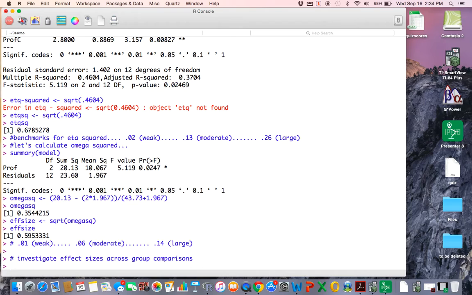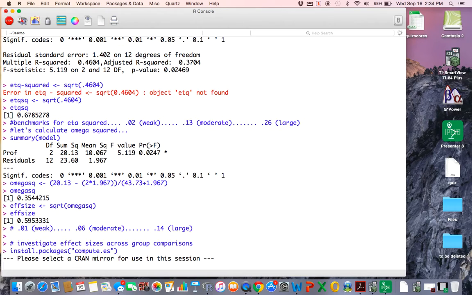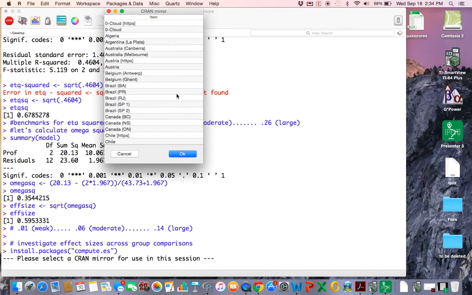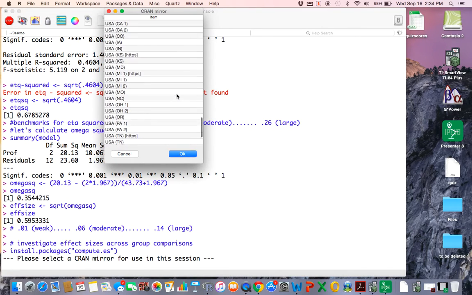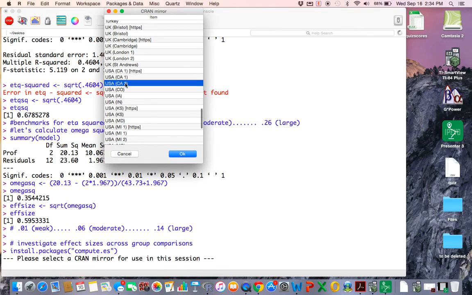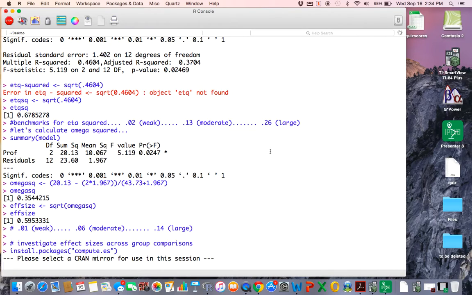Now, to do that, we're going to have to load a package. So I'm going to install packages. And I have to install something called Compute ES. Now, I want to scroll all the way down, US, California 2, because I like these UCLA folks.